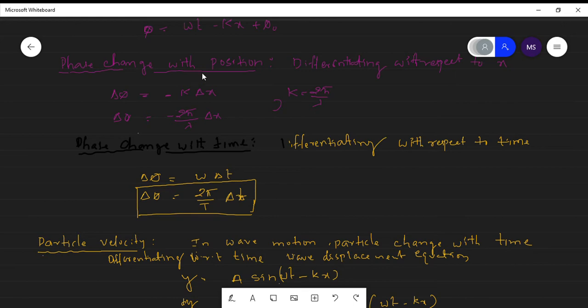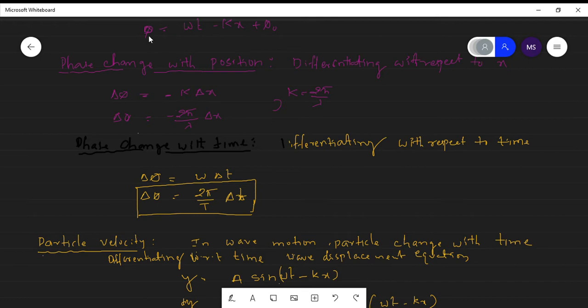The phase change with position means differentiating the phase partially with respect to x. Whenever we partially differentiate with respect to x, t is constant, a is constant, and x is the only variable. Phi naught is also constant, and omega t is also constant.